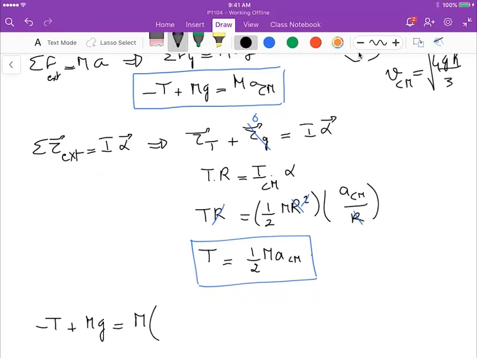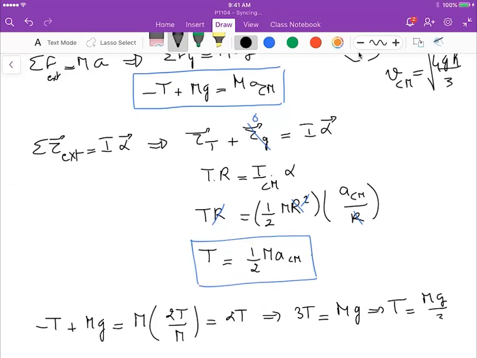From equation 2, we can write down A center of mass is equal to 2T over M. So moving minus T from the right-hand side to the left-hand side of the equation, we end up with 3T equals M times G. And of course, from here we deduce that the tension is 1/3 times mg. And so finally T is mg over 3.